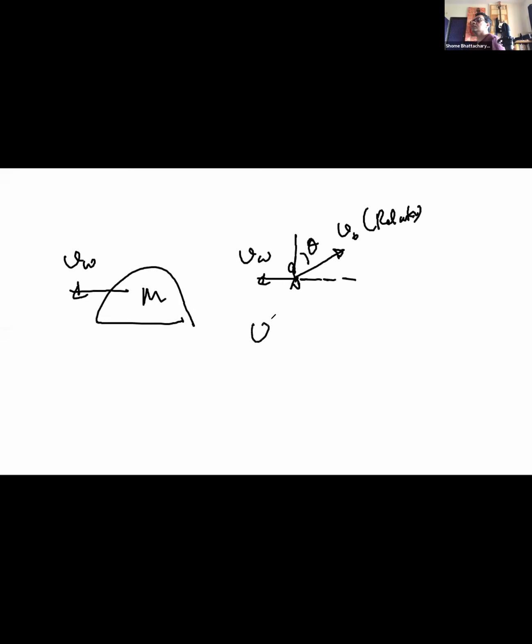So the velocity of the person with respect to ground will actually become V0 sine theta I cap plus something into J cap.